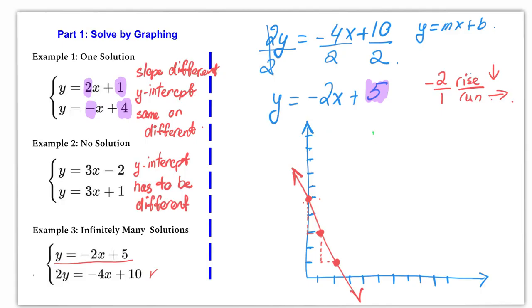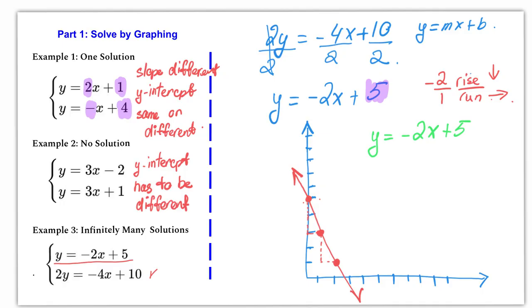Let's go ahead and plot our second equation. Our second equation is y equals -2x plus 5. What do you notice about these two equations? I'm just going to start plotting and you think about what you notice.